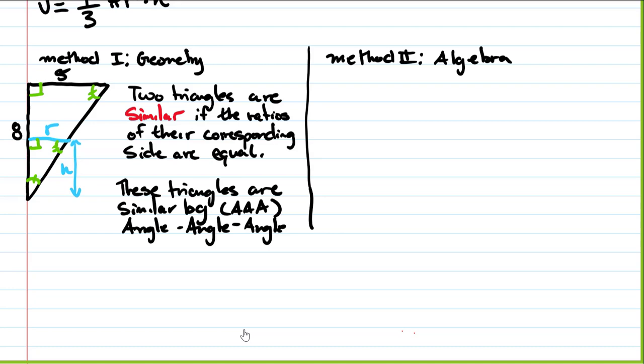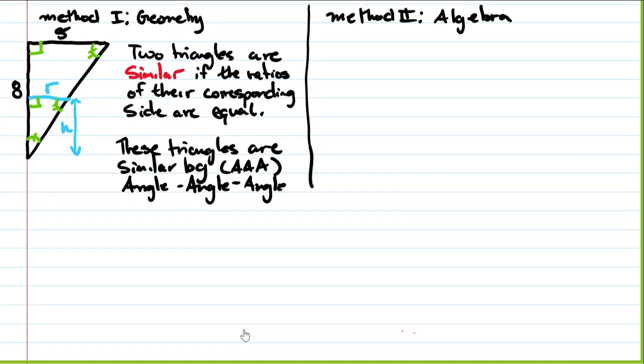So then, since they're similar, the ratios of their sides must be equal. So then, if I do small over big, I'm going to get that h, which is this small side, over the full side, which is 8, has to be equal to r divided by its corresponding side, which is 5.